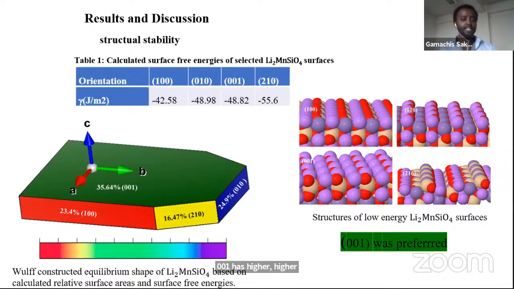Practically, the other phases, for example the most stable one, let me say, the 210, might be covered by other surfaces. So 001 has higher surface area, so it is active electrochemically, both kinetically and thermodynamically. So we choose 001. On the right side, you can see the crystal structure, with all the surfaces.